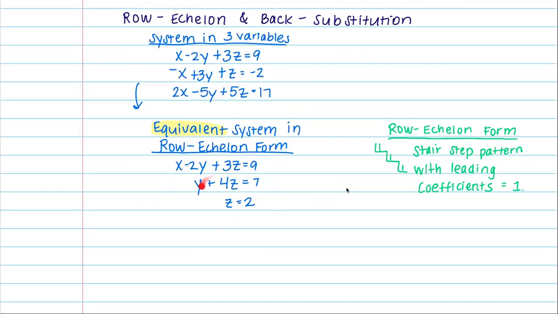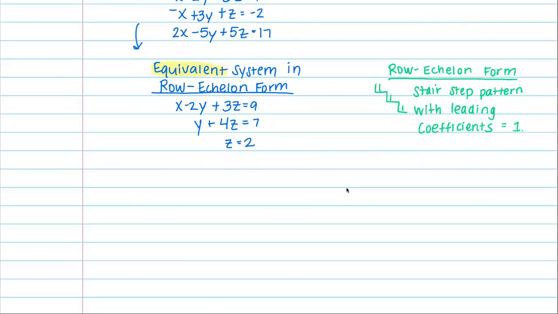And this form makes it really easy to solve using what we call back substitution. So we start with the solution, we plug it in, we get the next solution, we plug it in and get the final solution. So if we were to look at that real quick, we'll say solve using back substitution.